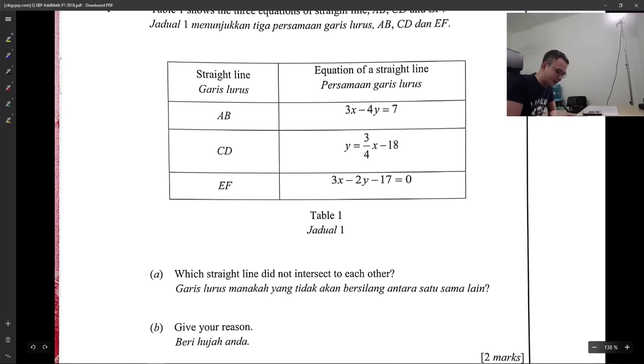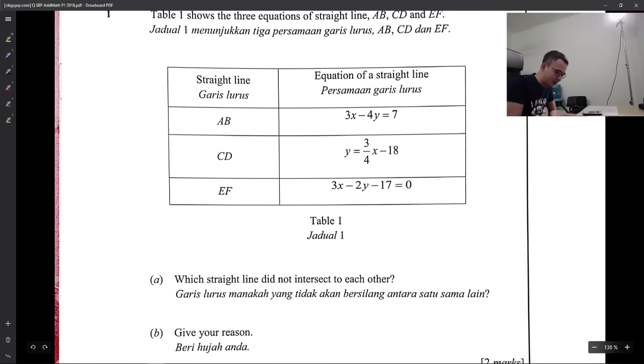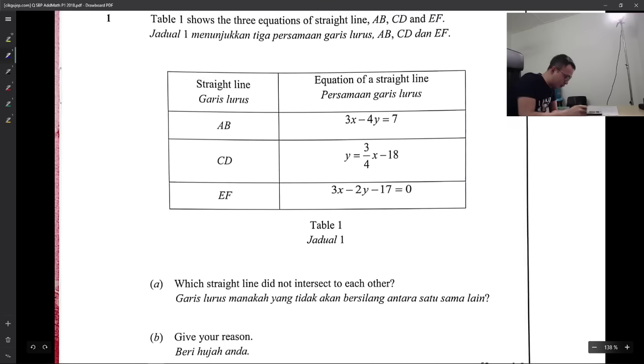The first one, if I rearrange it, I should have 4y, so y equals 3 over 4x minus 7 over 4. This is already y equals mx plus c for the line CD.